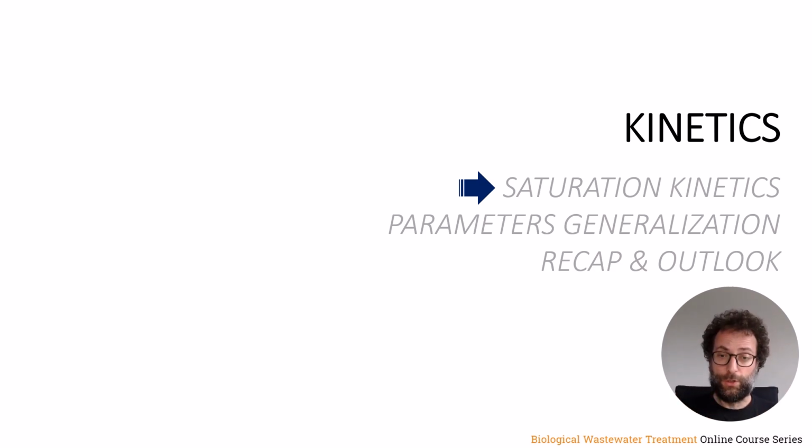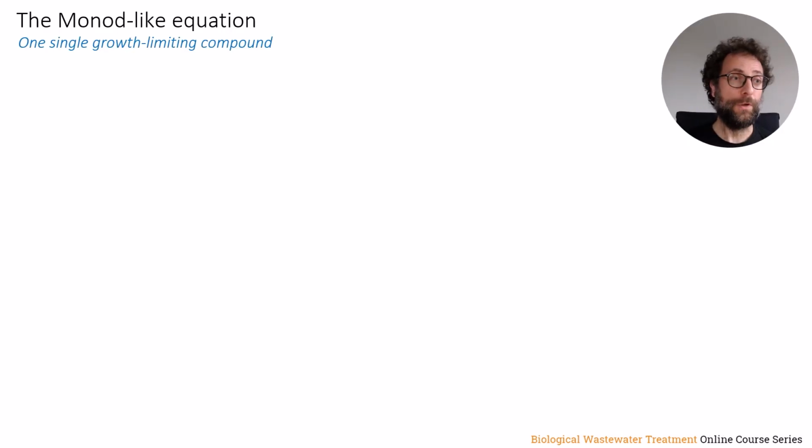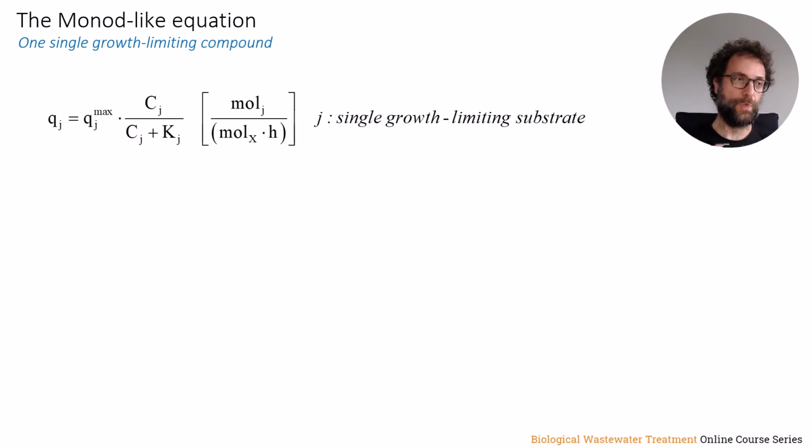Now, based on experimental evidence, kinetically, the consumption rate of the growth limiting substrate depends on its actual concentration in the bulk. And this is exactly what we expressed with saturation kinetics, or Monod-like equations. A Monod-like equation is expressed in this form, where J is the single growth limiting substrate.